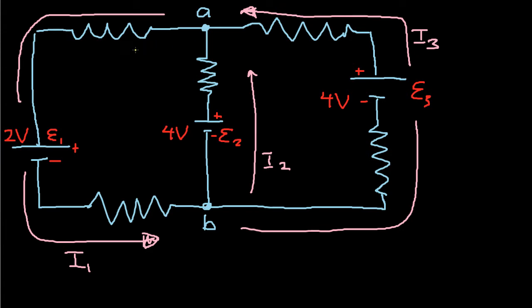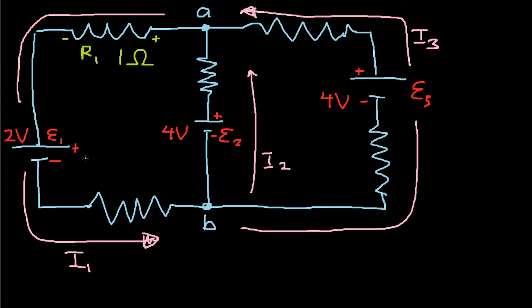We should also know the values of the resistors. Our resistor here is positive on this side and negative on that side. We'll call this one R1, and it has a resistance of 1 ohm. Let's follow our current.